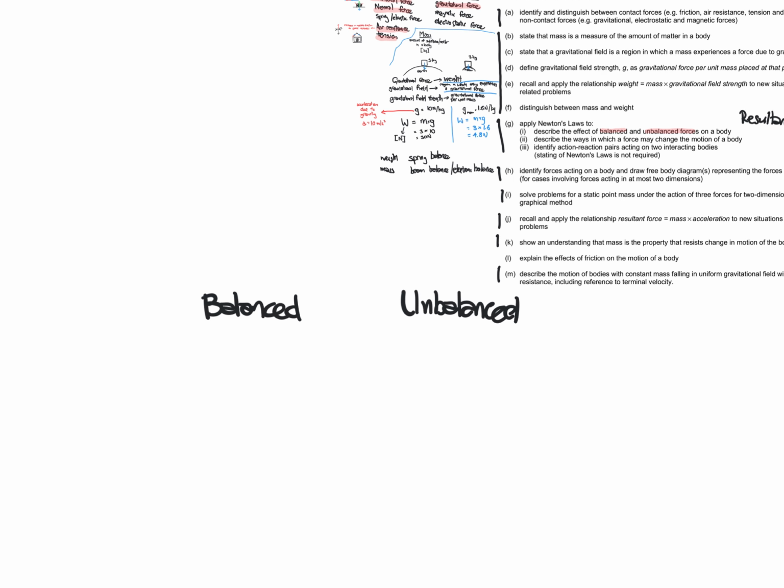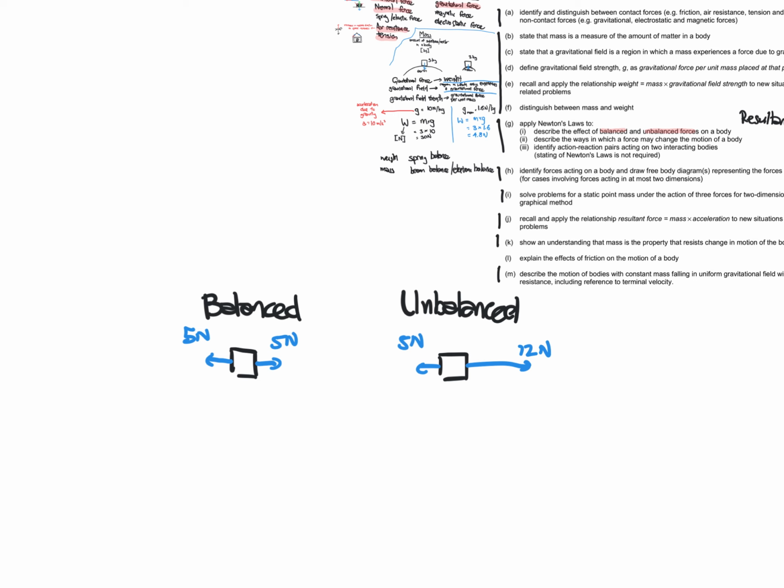Let's look at two objects over here. One object here, one object there. Balanced forces would be something whereby I have two forces acting on it, and these two forces are equal. 5 newtons, 5 newtons, right? As compared to this one up here, let's say this is 5 newtons, and this is, let's say, 12 newtons.